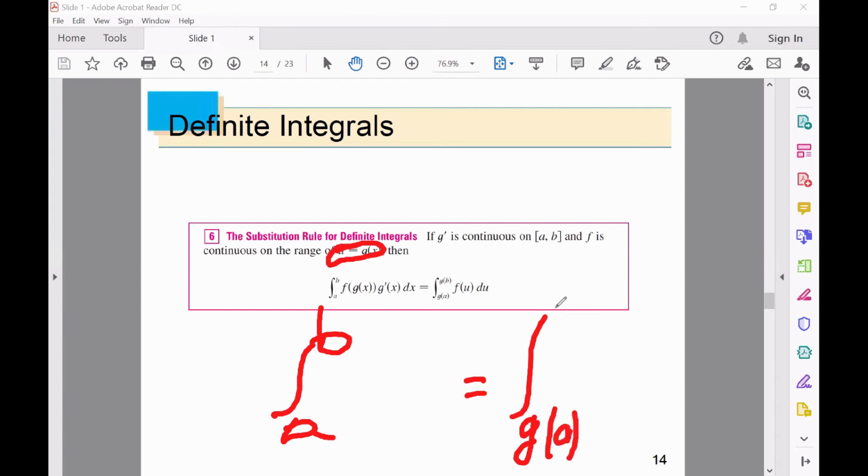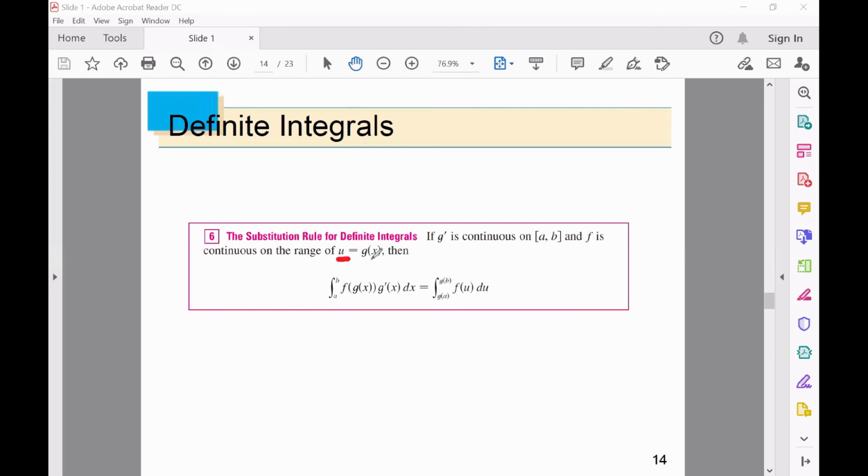Be careful. That means when we have a definite integral, we do the same steps and we add this one. Meaning when it was between a and b, it becomes between two new bounds, g of a and g of b. Be careful: if g prime is continuous on [a, b] and f is continuous on the range of g, then no problem.